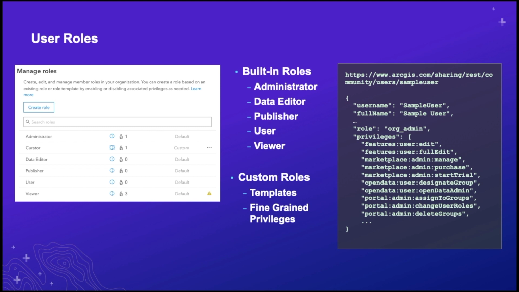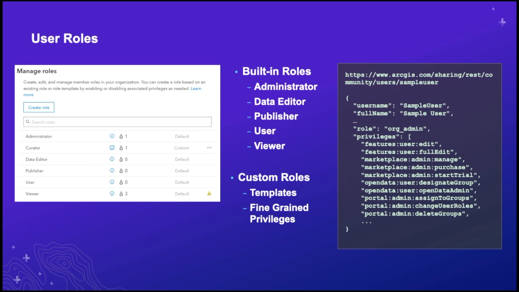You have a data editor that can do data editing. You have a publisher who can publish hosted feature layers. You have a user who can't publish, but can create, for instance, web maps. They can upload files like CSVs or PDFs, etc. And then you have a viewer, which is a completely read-only user that is not allowed to modify anything. Basically, they can just see things that they have access to.